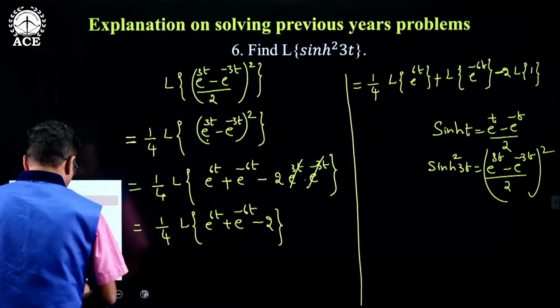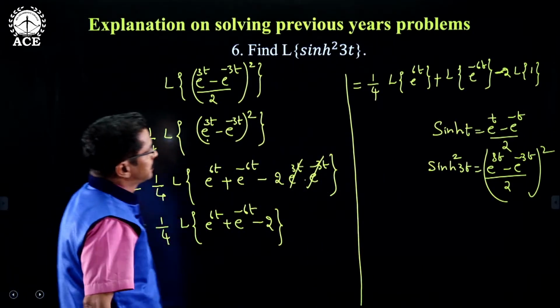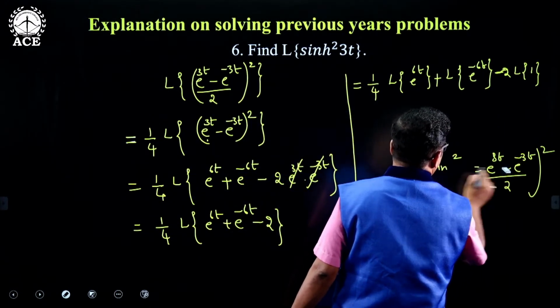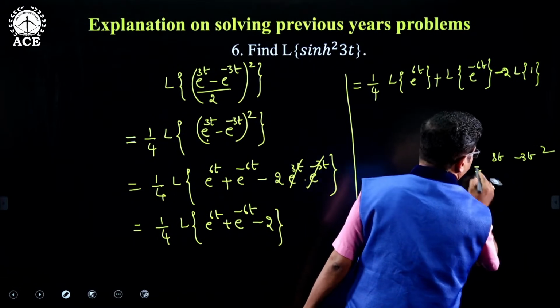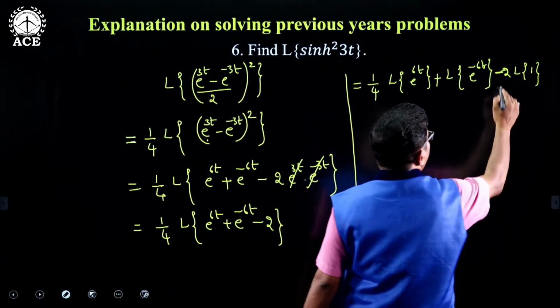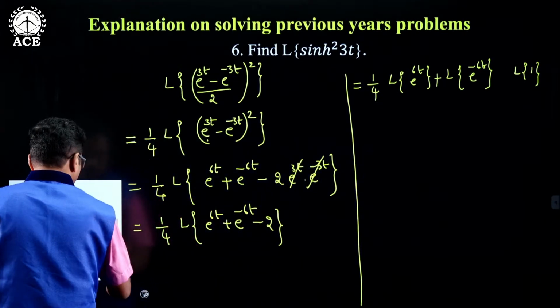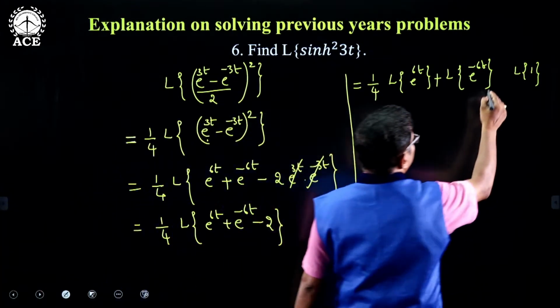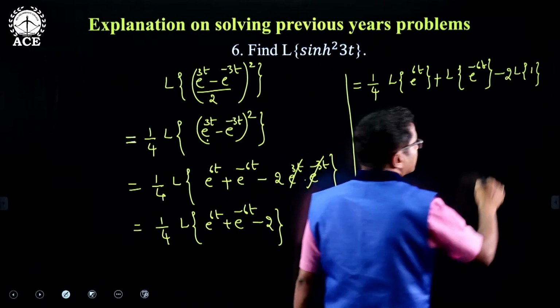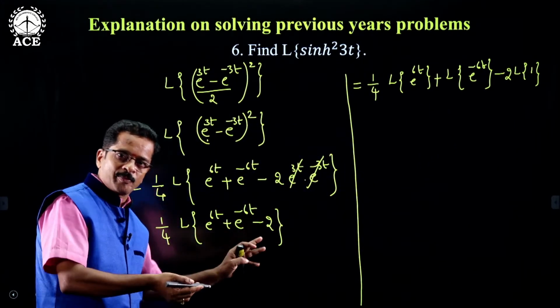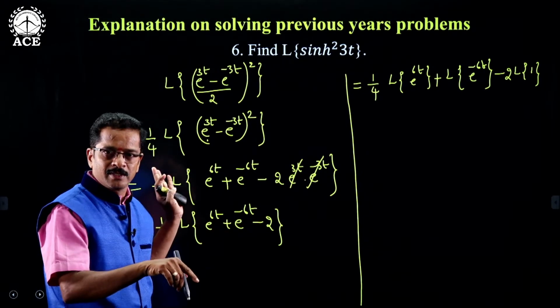How does 1 come? Because this 2 we can write as 2 into 1. If I bring 2 outside, 1 is left.